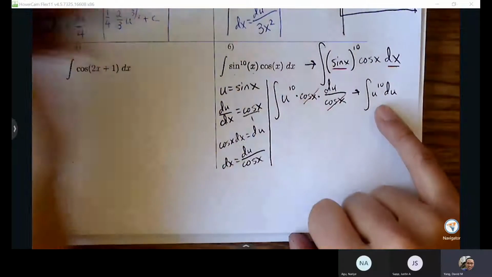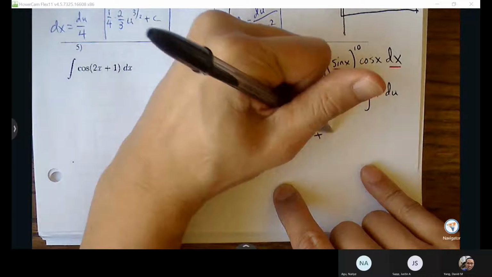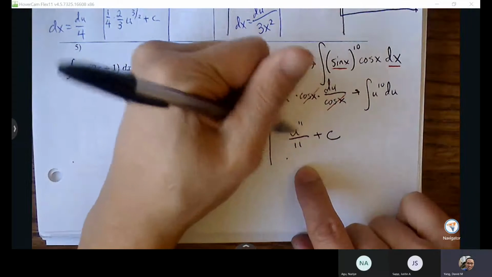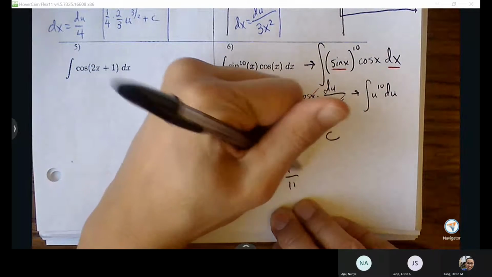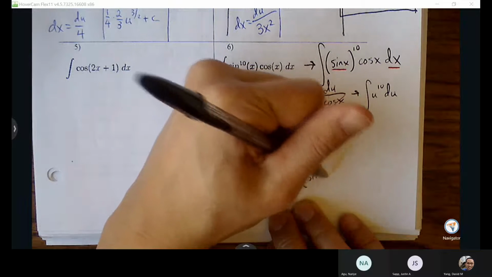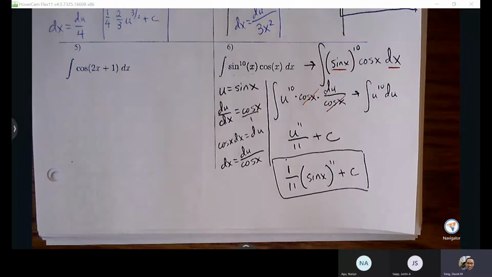We go through power rule, add 1 to the exponent, divided by that exponent. Push the coefficient out in front. Or we don't have to, just replace the u in terms of sine x. But if you want to push the 11 out in front, you can. That's right, yeah. Different variations are all okay.